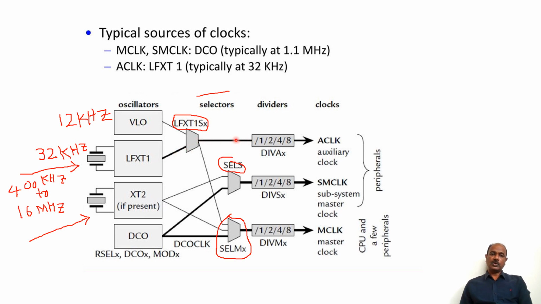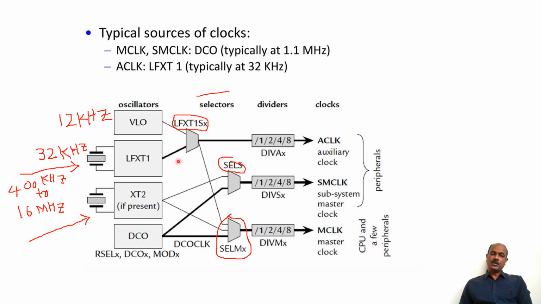That 32 kilohertz you can directly give as ACLK, or you can divide the output of LFXT1 by 1, or by 2, so that ACLK will become 16 kilohertz, or by 4, so that ACLK will be 32 kilohertz divided by 4, which is 8 kilohertz, or by 8, so that the output can be up to 4 megahertz.